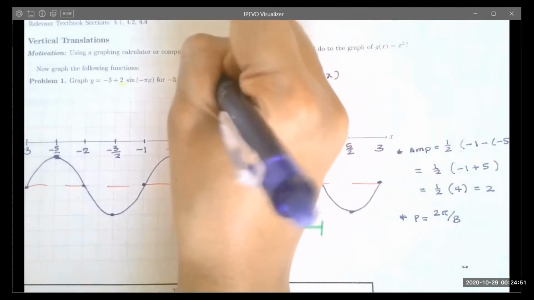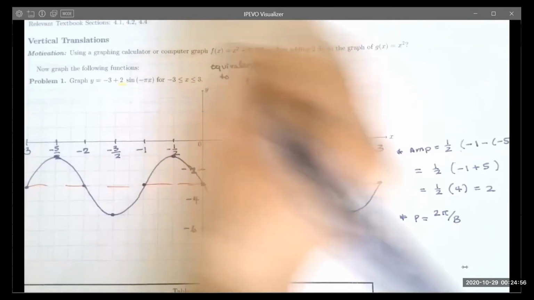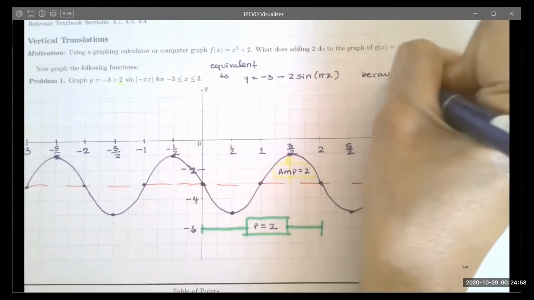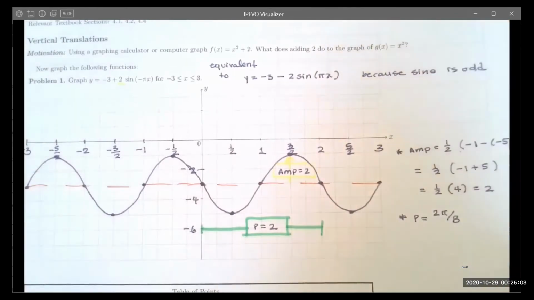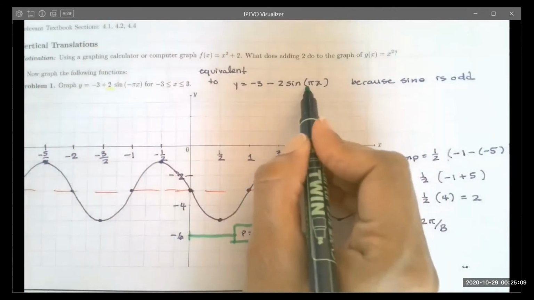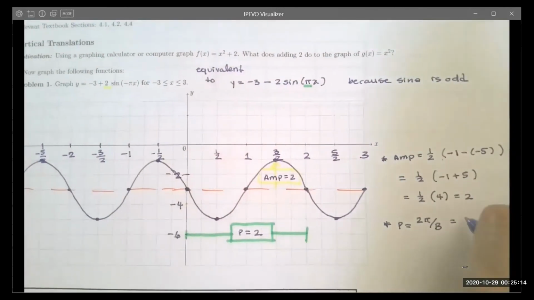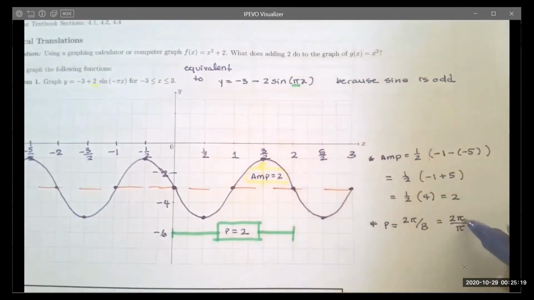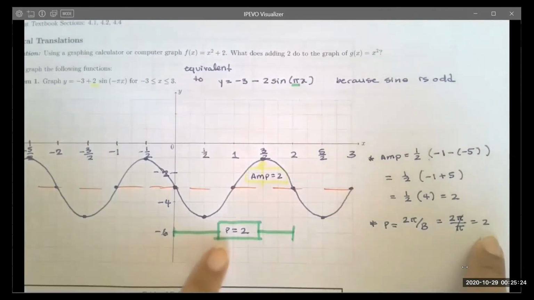I'll just write these are equivalent because sine is odd, and so we bring the negative outside. And so what we see then is that b is actually this π. So when we calculate the period, we're going to have 2π over π, which is going to cancel and give us a 2. So the period is 2, the same as what we're observing on the graph.